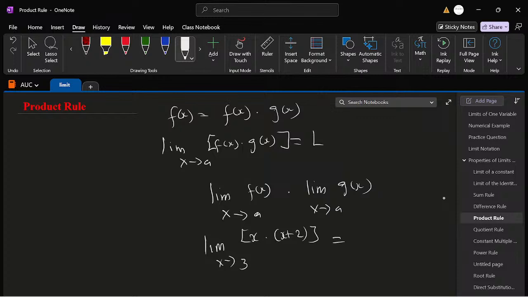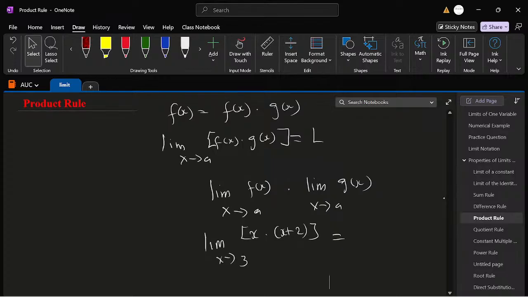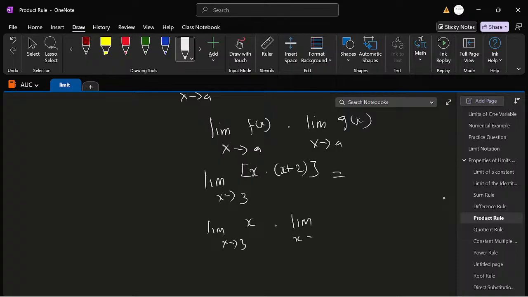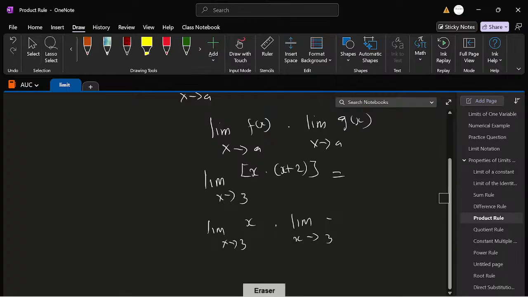So this will be equal to what? Let's apply the property, so we can separate them to be the limit as x approaches 3 of x, then multiply by the limit as x approaches 3 of x plus 2.